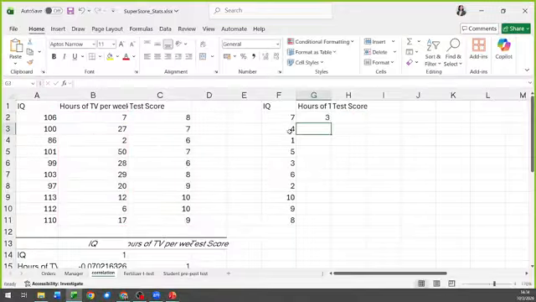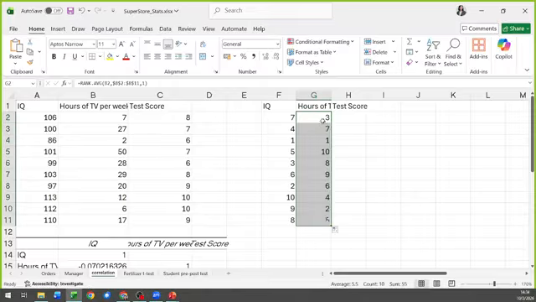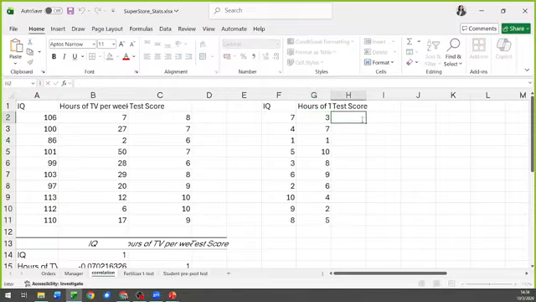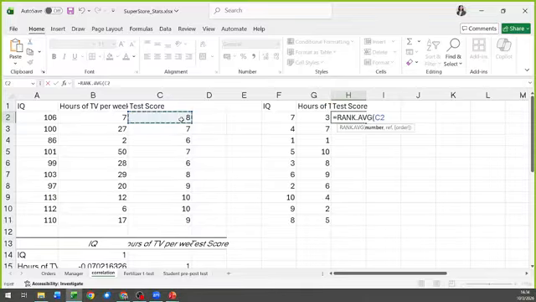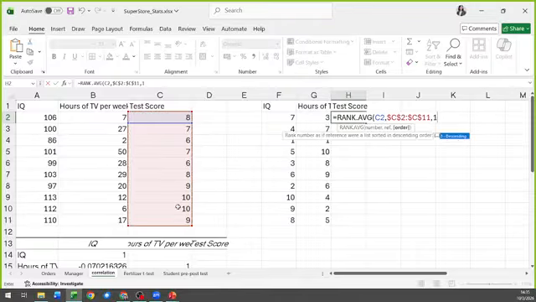Drag down the formula. Same here, rank average, this range, and then 1.